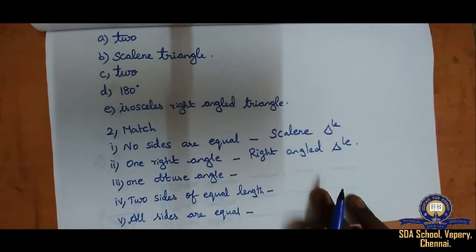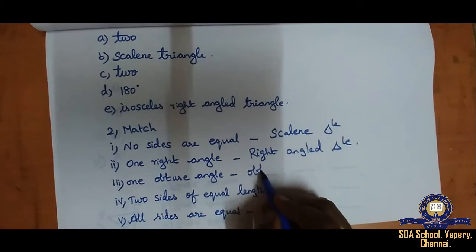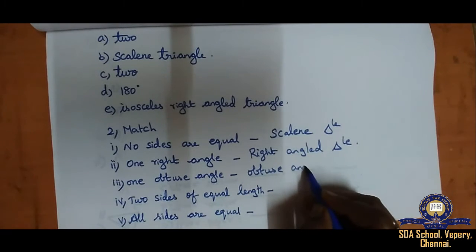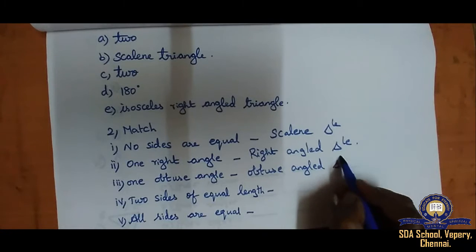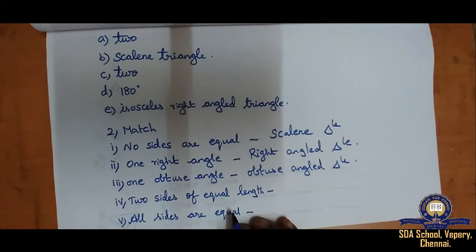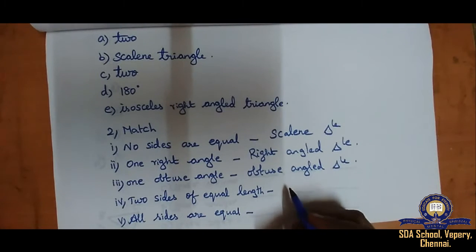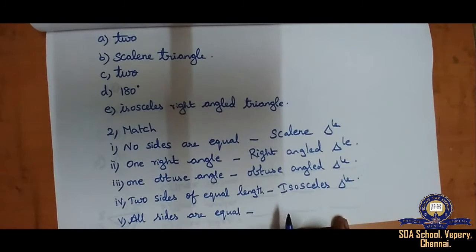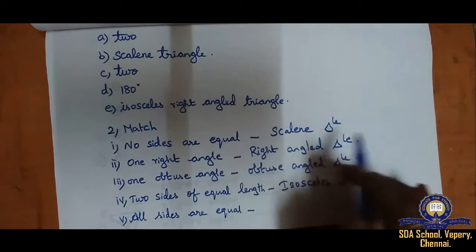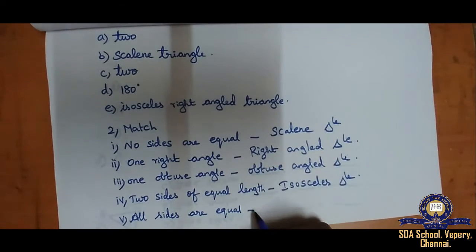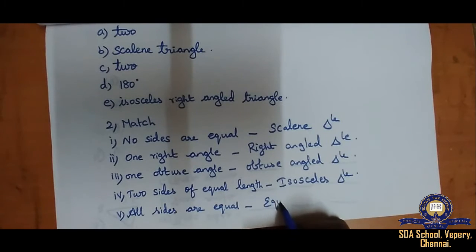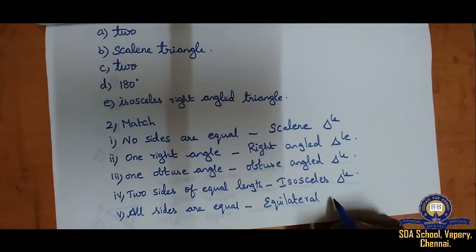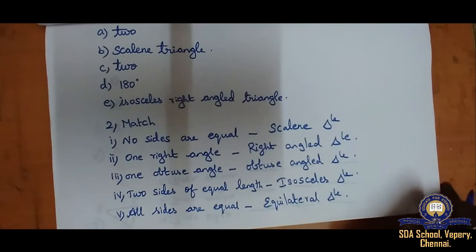One obtuse angle means it is an obtuse angled triangle. Two sides of equal length means it is said to be an isosceles triangle. All sides are equal means equilateral triangle. Just match it in your textbook itself with numbers.